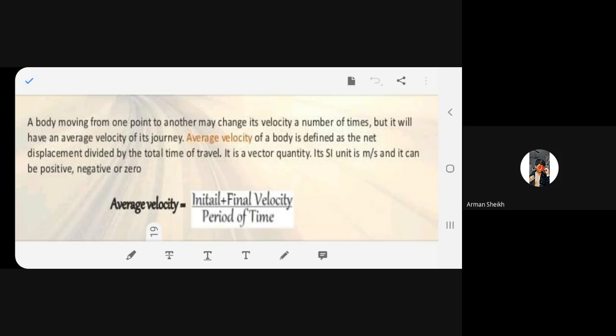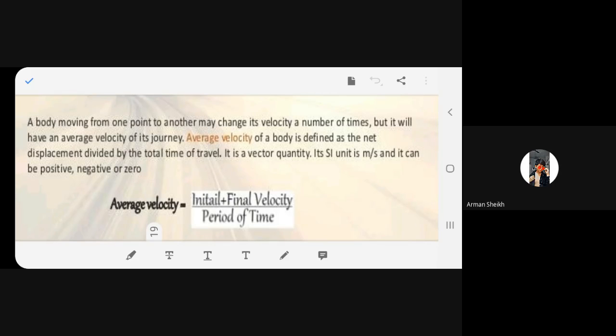The SI unit is not ms, it is meter per second, and it can be positive, negative, or zero.